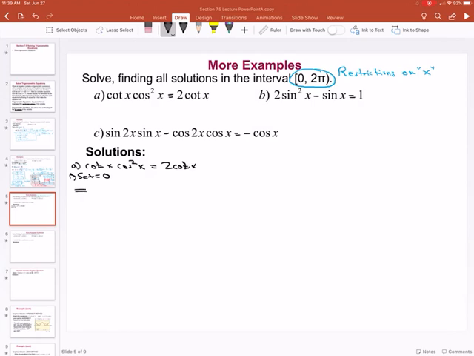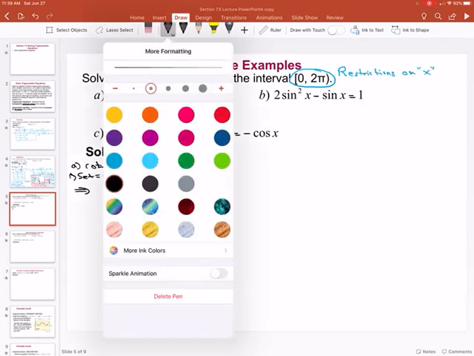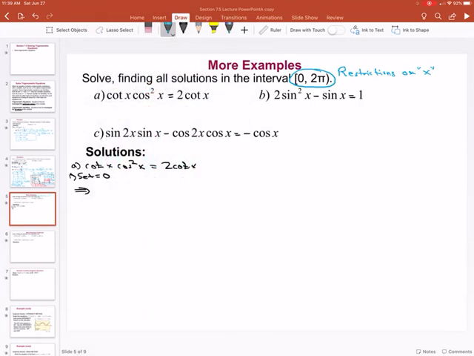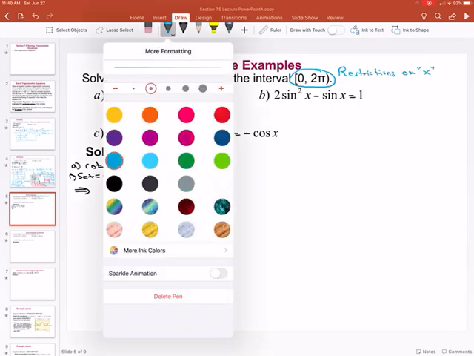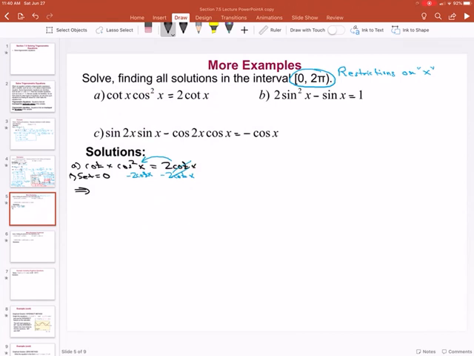So to do that, we need to go ahead and subtract this 2 cotan x over to the other side of the equation. So we'll move it over. As we do that, that sets it equal to 0. So our equation would now read the cotan of x times cosine squared x minus 2 cotan x equal to 0.